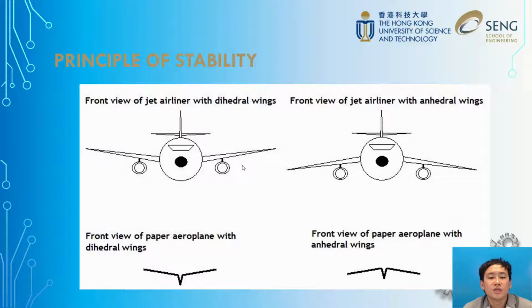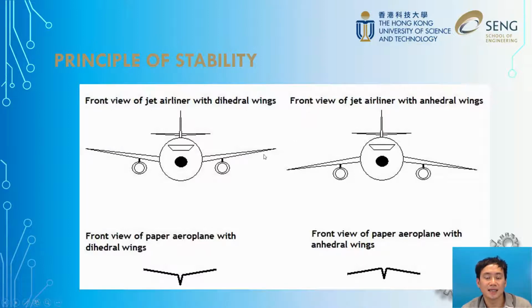Some more information about how to achieve a stable system. If we look at the aircraft, you can see that the two wings of commercial aircraft are always pointing upward. The tip of the wing will always point upward.